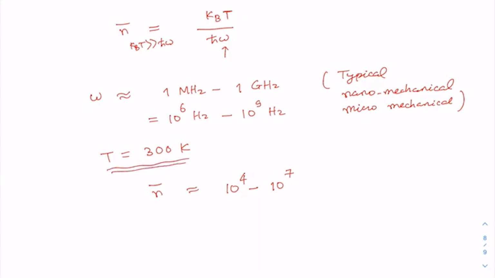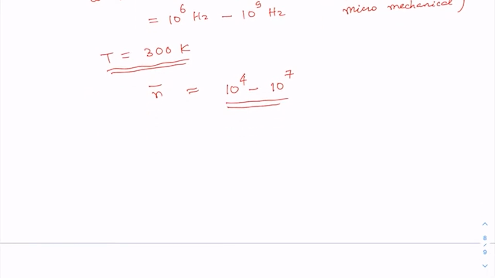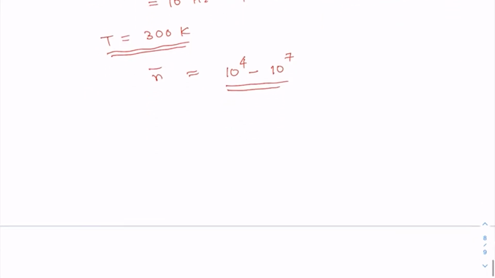To see the quantumness of this, because this quantity is very high, you have to reduce this number, and that you can do provided you do some kind of cooling. You have to cool these oscillators, and then only you will be able to see the quantum behavior. In fact, in this context, let me talk about another kind of oscillators that we are going to encounter, and that is the so-called electromagnetic oscillators or electromagnetic fields.